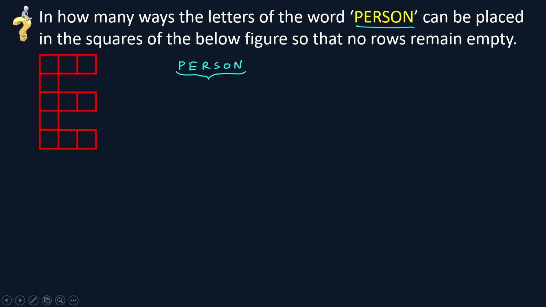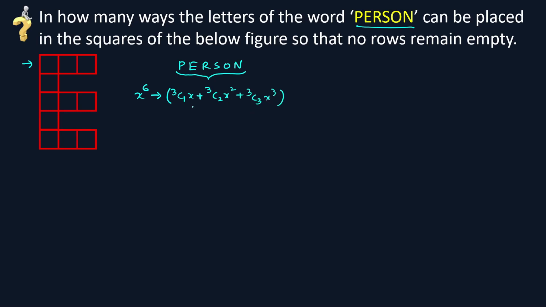Is it clear? Okay. So let me use the multinomial theorem. For the first row, what we will say? How many alphabets are there? 6. So we need to find out the coefficient of x to the power 6 in the expansion of, let me consider the first row. It will be 3C1 x, 3C2 x squared, 3C3 x cubed.